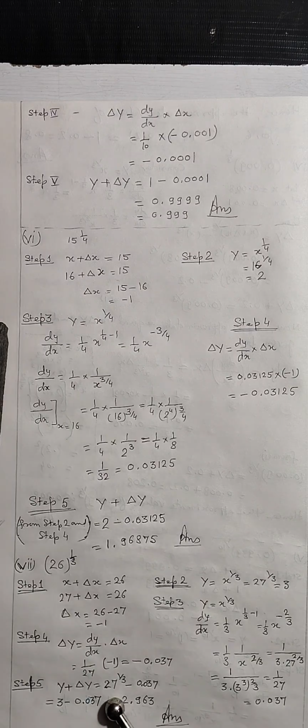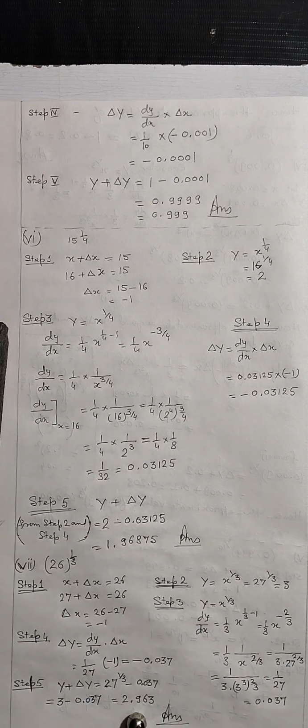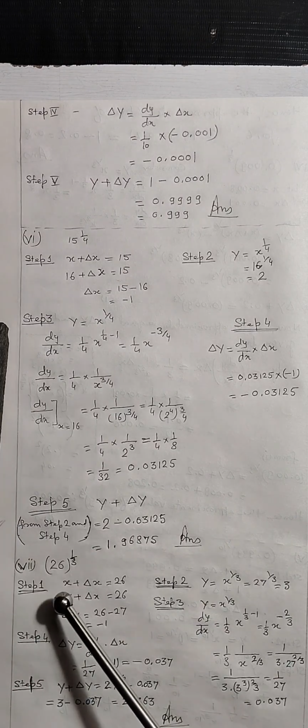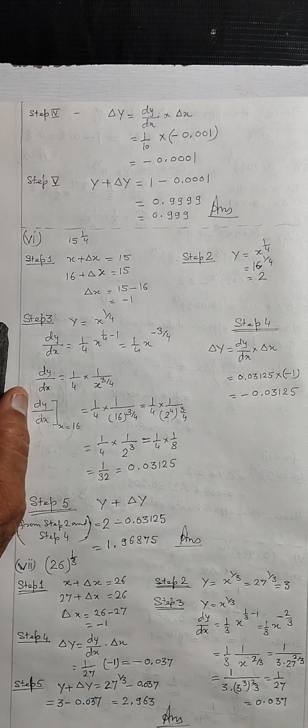So this will be equal to 3 minus 0.037, and it will be equal to 2.963. In this way, this will be the required answer of the 7th part of question number 1.